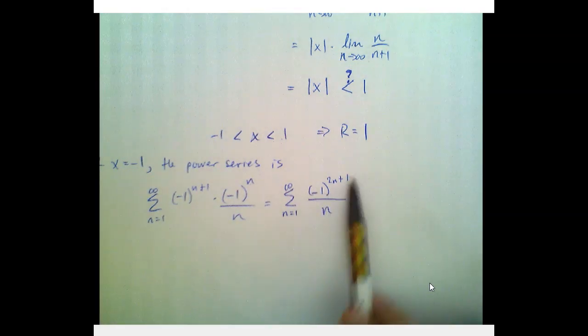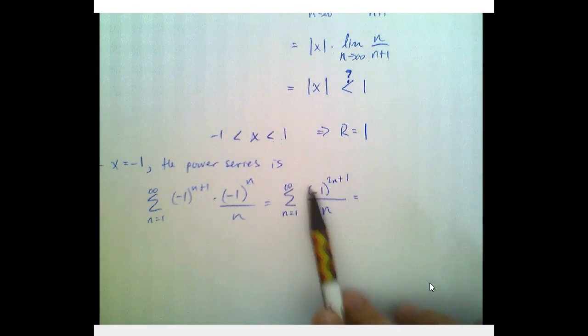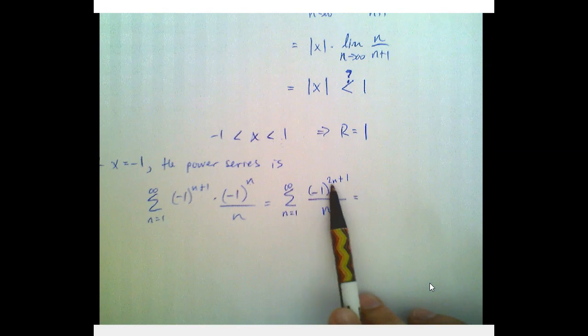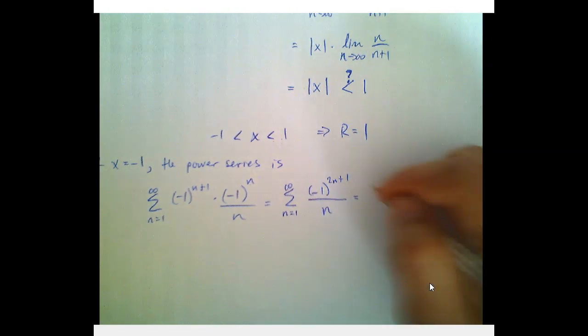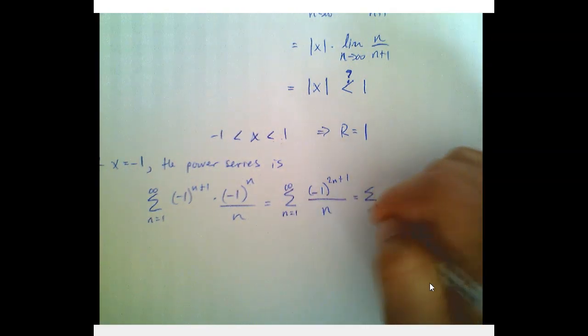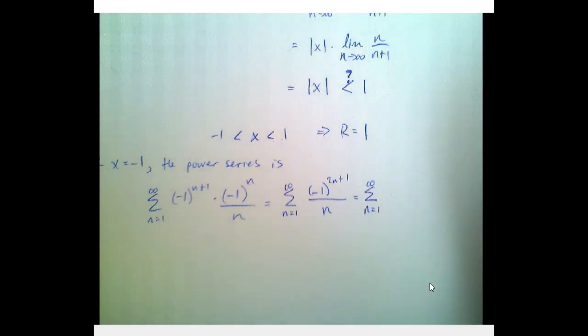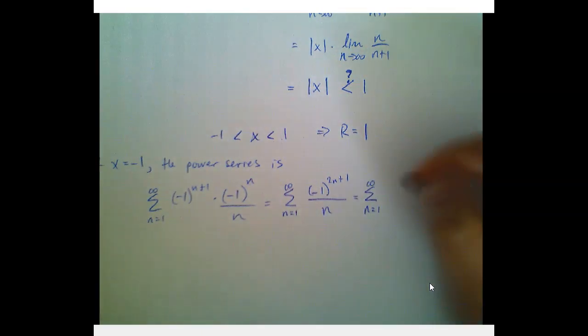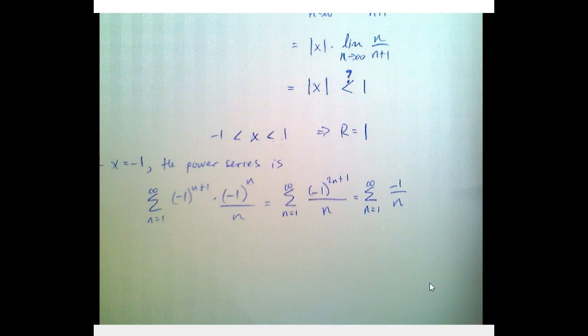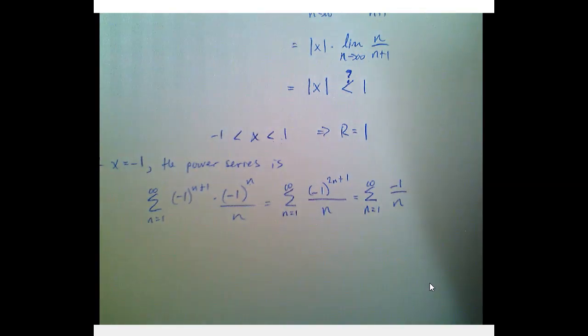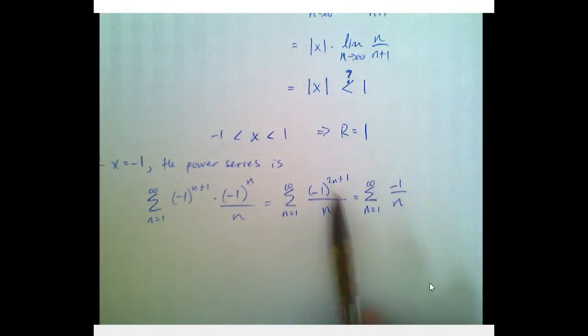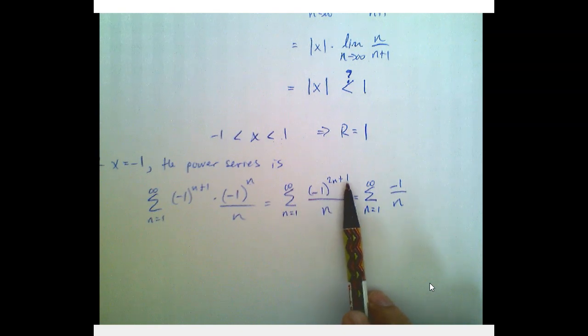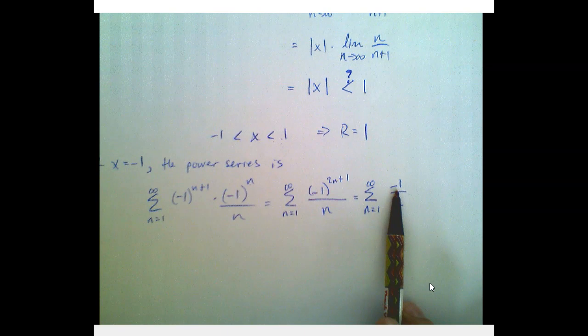So the top value here is always negative 1 because of the power. This is always an odd number. So this can actually be rewritten as just negative 1 over n, because 2n plus 1 is always an odd number for every n.